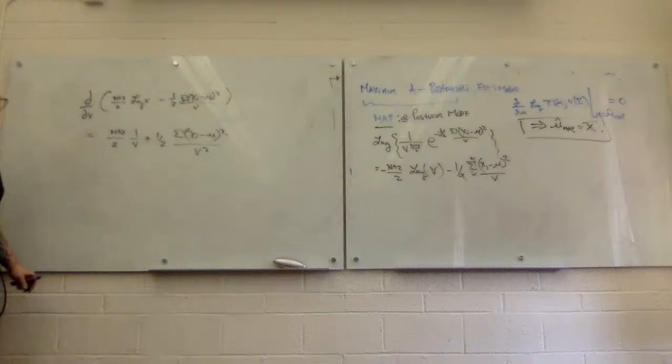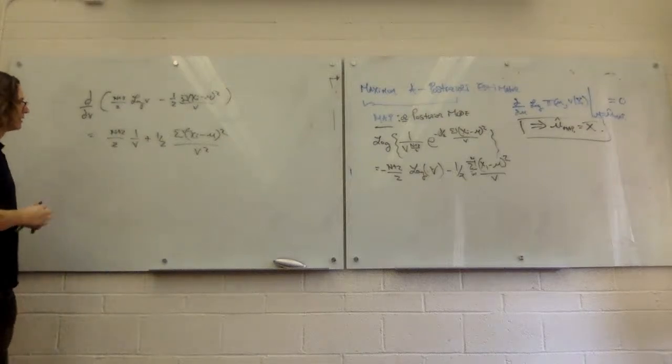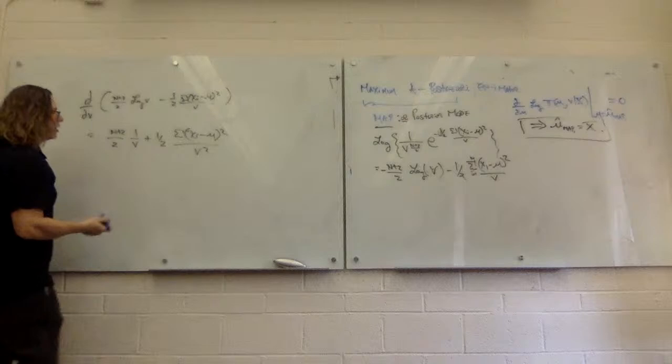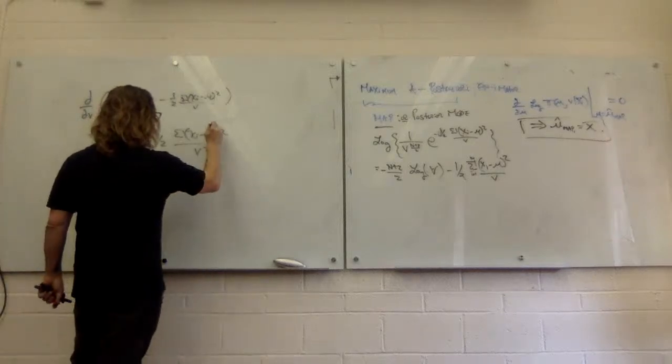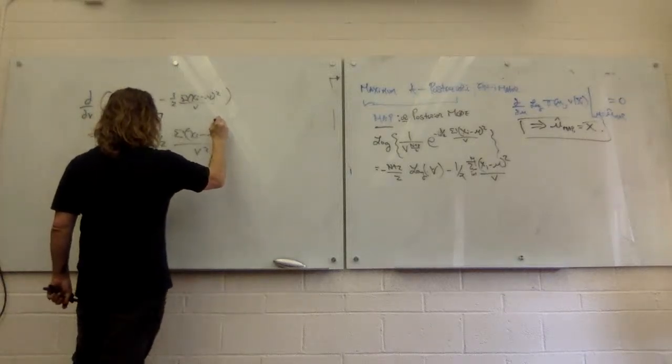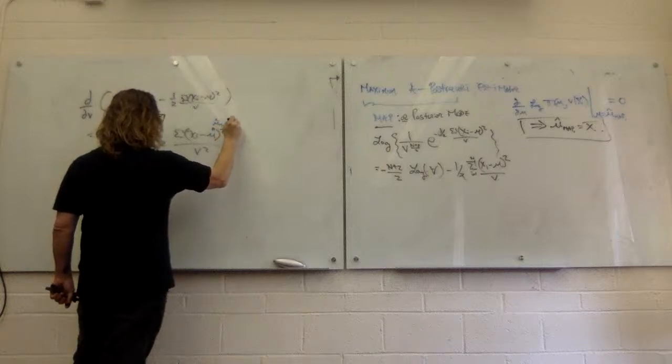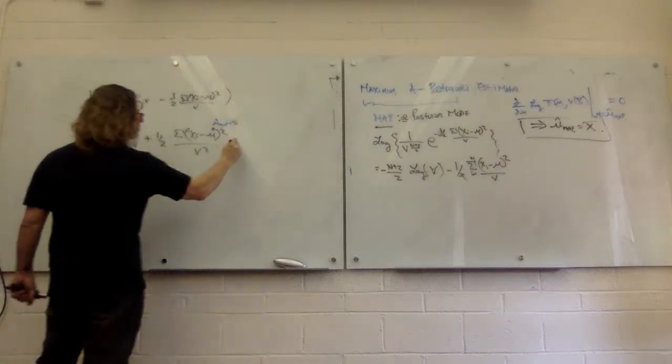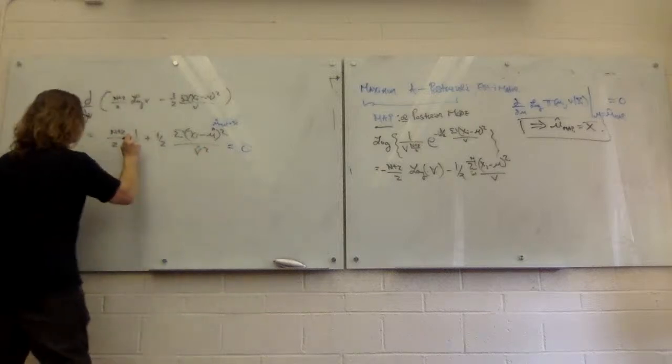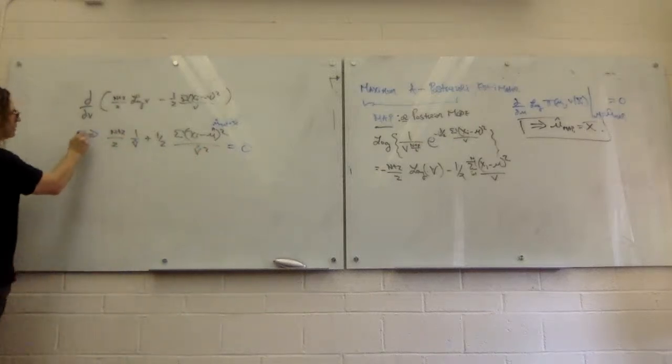Change the sign, so it's the same calculation as before. What does that mean when I set it all equal to 0? I'm going to plug in my mu hat MAP equal to x bar right here and plug some hats on here.